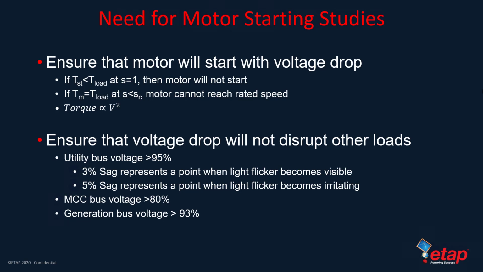So this means that the utility bus voltage will remain at greater than 95% of the nominal system voltage, that the motor control center bus voltage will always remain above 80%, and any generation bus voltage remains at greater than 93%.